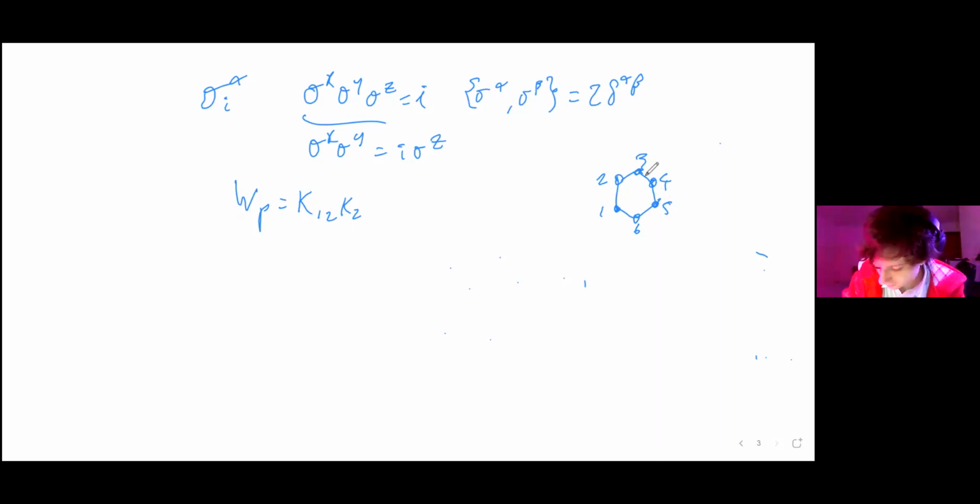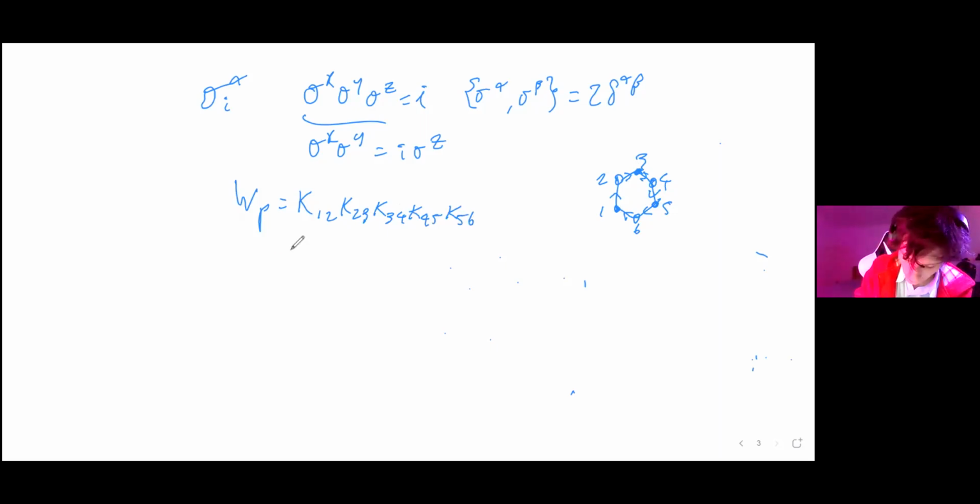You're probably not going to need the odd and even letters today. But I'm going to write down the flux for a plaquette, which is what you get when you take these link operators going around the perimeter of one of these hexagons.